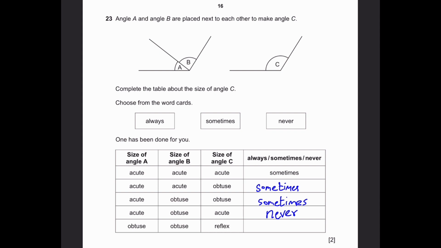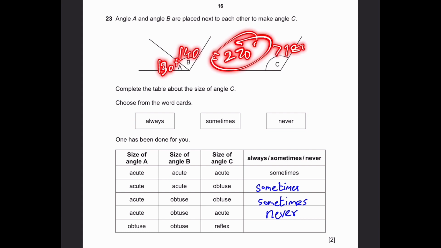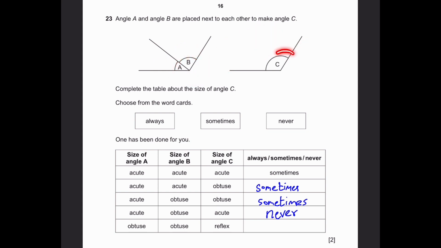Now for the final one, obtuse, obtuse, reflex. Let's take angle A to be 130 degrees and angle B to be 140 degrees. If we add it up, 130, 140, we get 270 degrees, which is greater than 180 and it's less than 360. So it is a reflex angle, and that'll be angle C. We're not yet done.